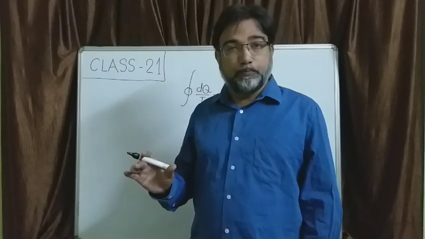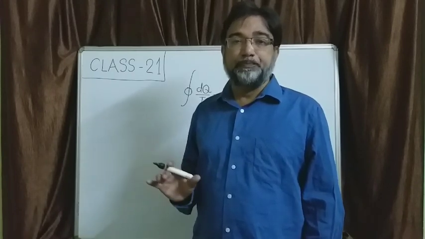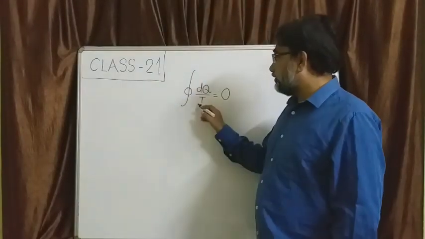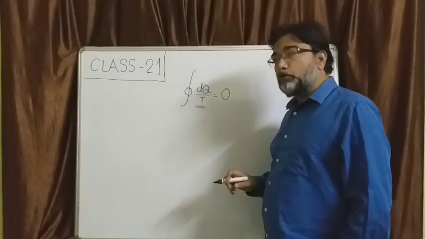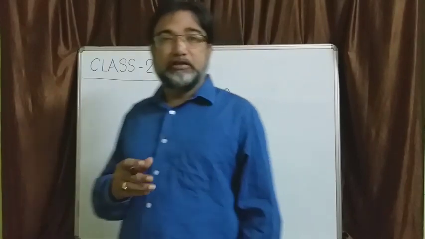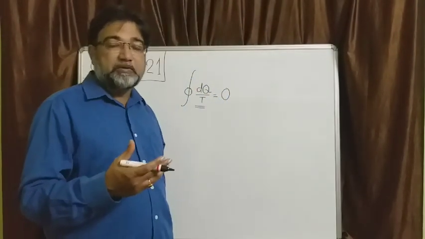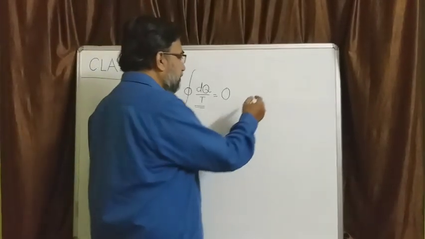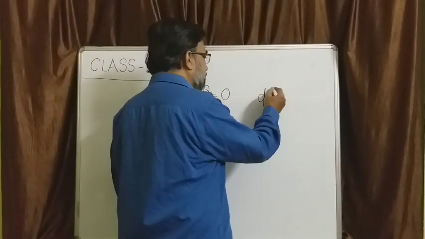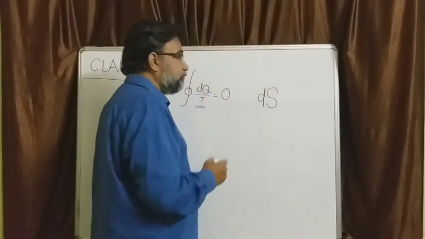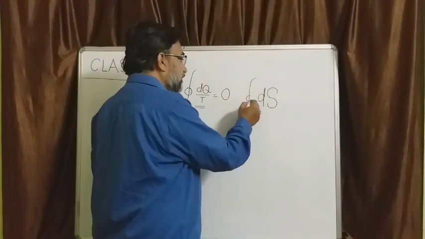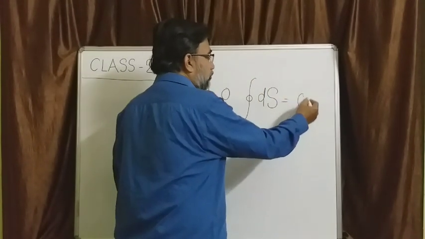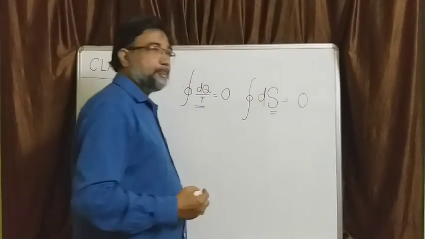It is possibly a property. So people thought that dq by T may be the differential expression of a thermodynamic property, maybe the property entropy, whose cyclic integral anyway has to be 0 because it is a point function.